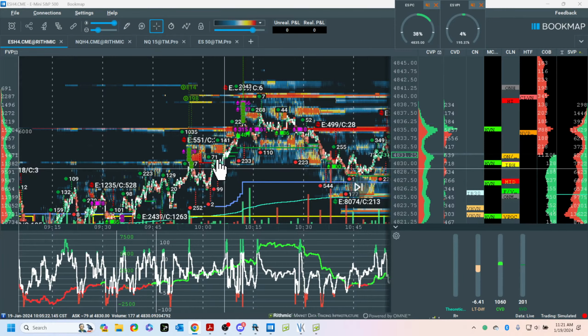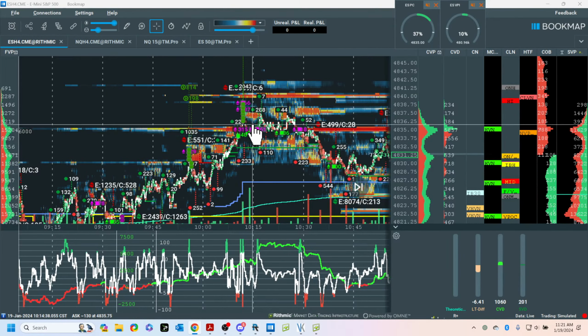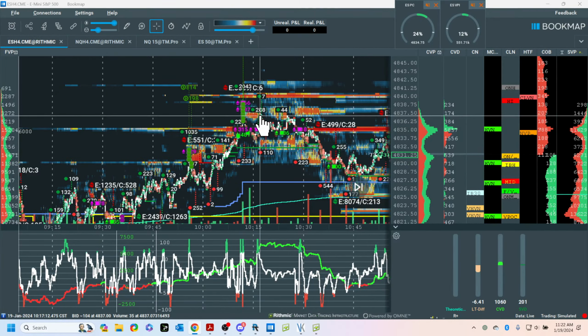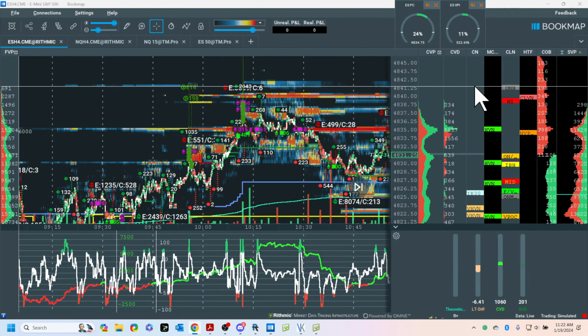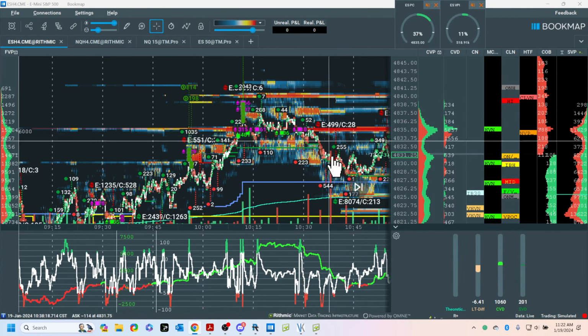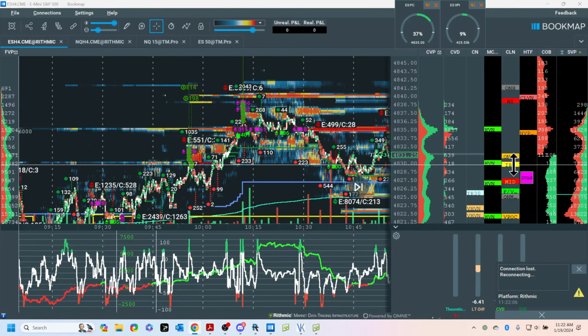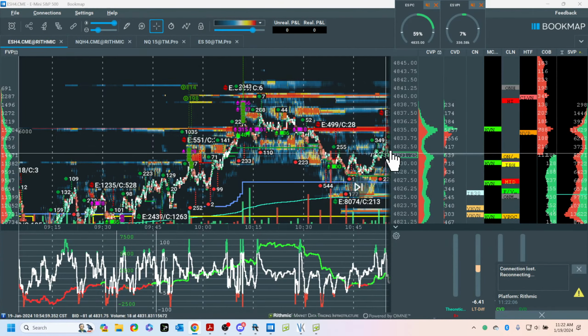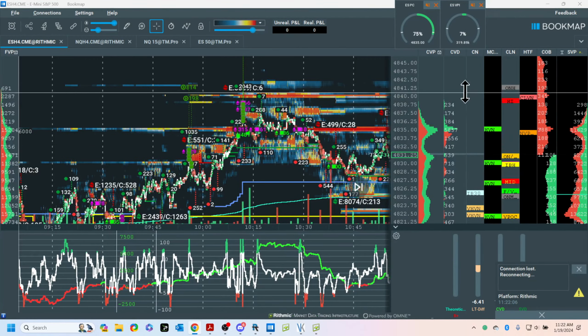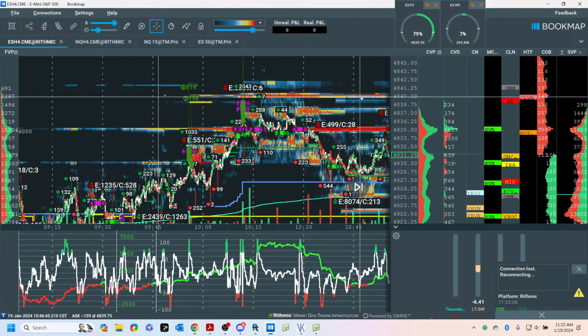Right here is a long. And you're shooting for this. We pull back here, right here. Wow. Still problems here. This sets up another IB continuation trade, and we're still going for this.